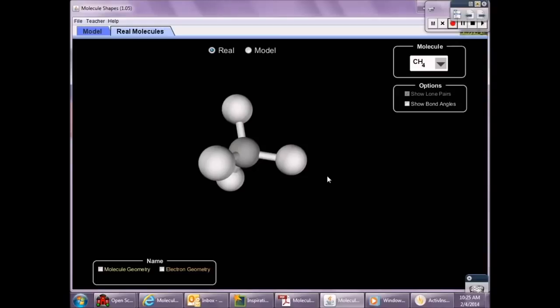What is the name for a geometry or shape that has four faces? How about if each face is a triangle? It is called a tetrahedron. So the shape is tetrahedral.